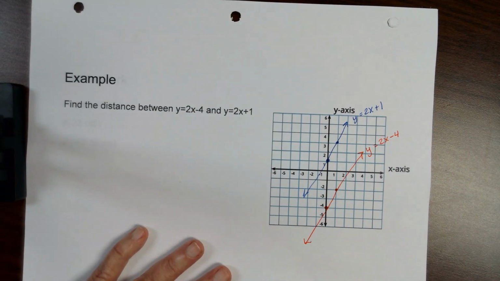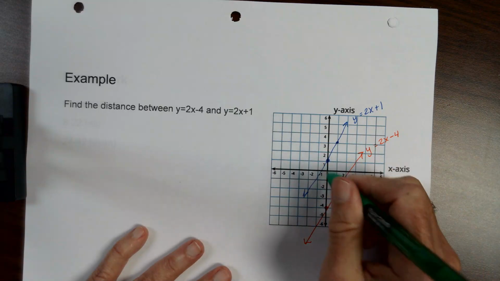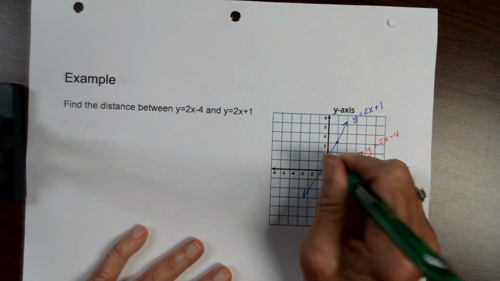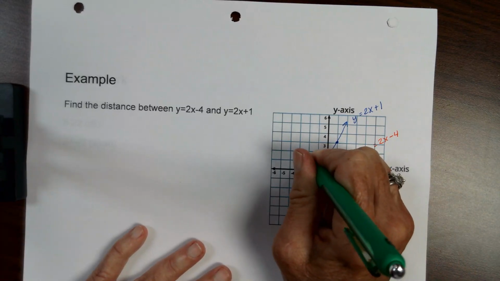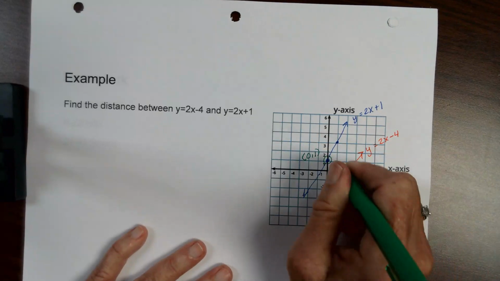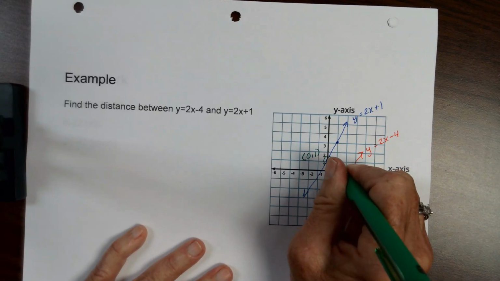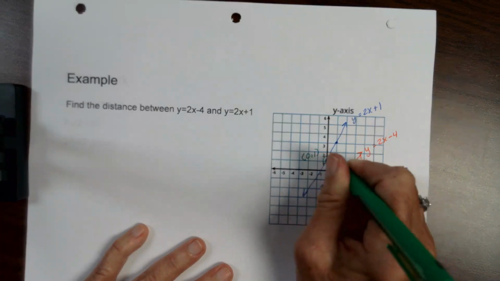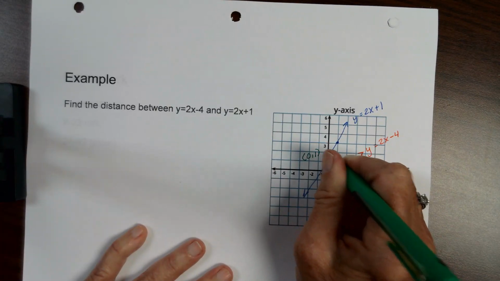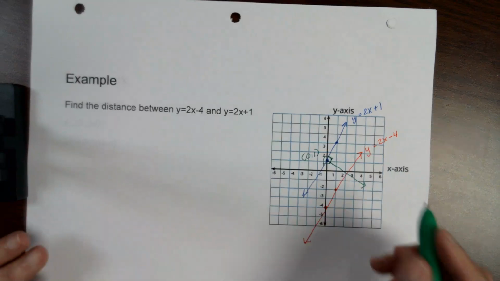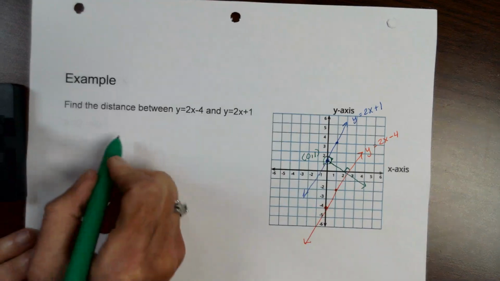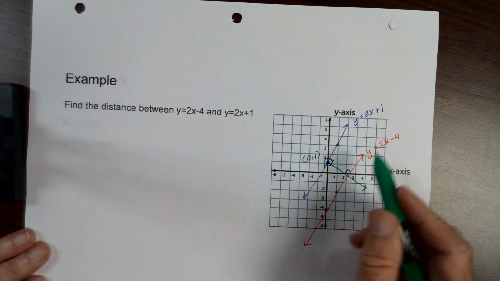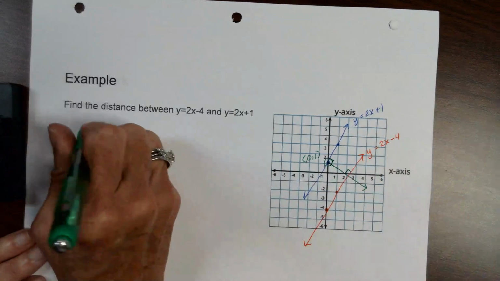Now what I want to do is pick one of these y-intercepts. I'm going to pick this one because that's got positive numbers. So this is the point 0, 1. And I'm going to draw a line that is perpendicular to the line that has that as a y-intercept. It's also perpendicular to the other line. So I want the equation of that green line. I know I want the opposite reciprocal here.